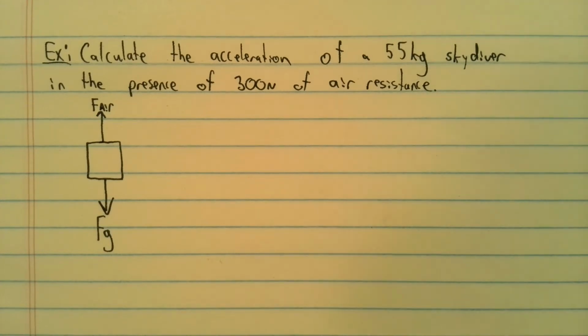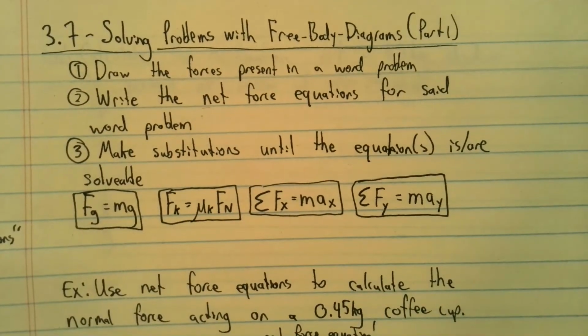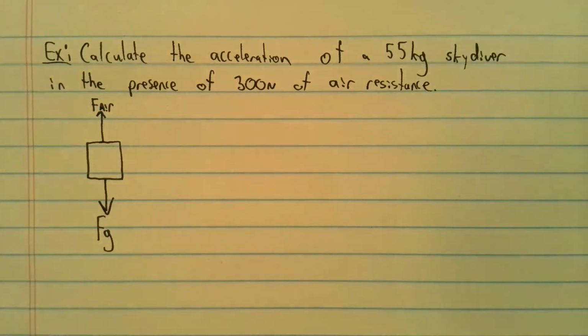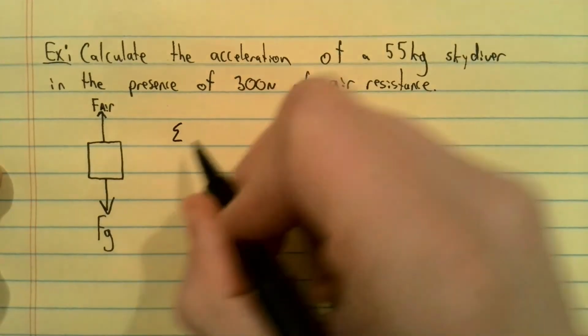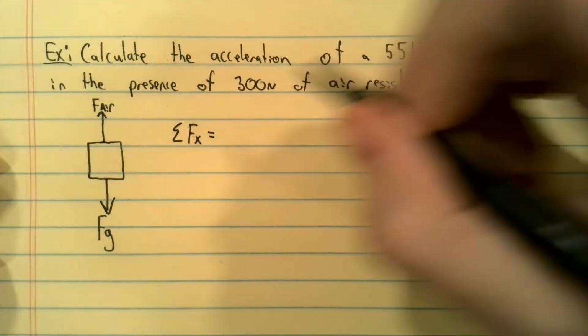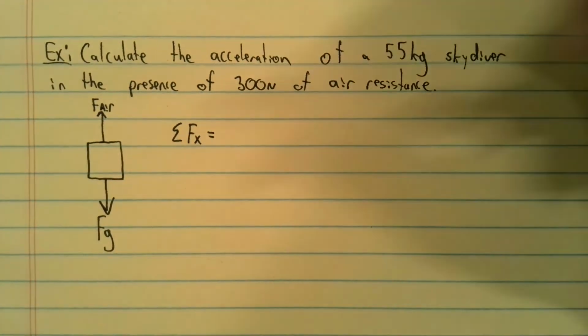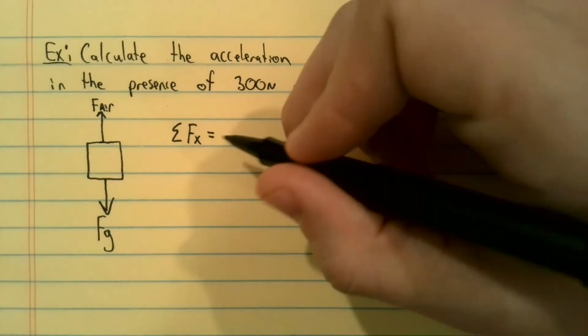What's step two? Step two is to write the net force equations. So let's do x first. What's the sum of the sideways forces? Well, there are no sideways forces, so sigma Fx is 0.